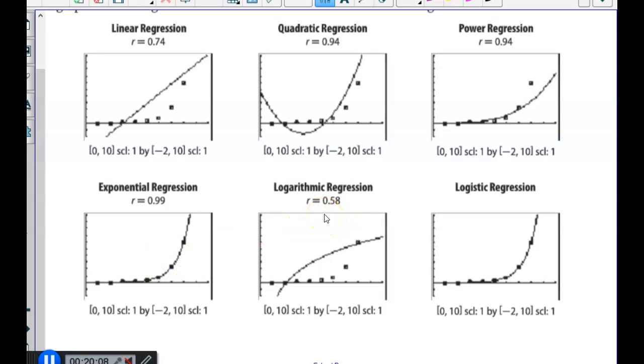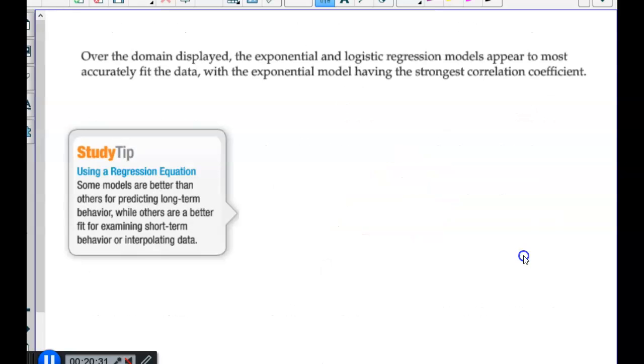Logarithmic is this shape, but logarithmic is ln reg on the calculator, just so you know. If it says to do logarithmic, it's ln. And logistic would be it goes up and flattens out. But logistic doesn't give you an R value. Okay.